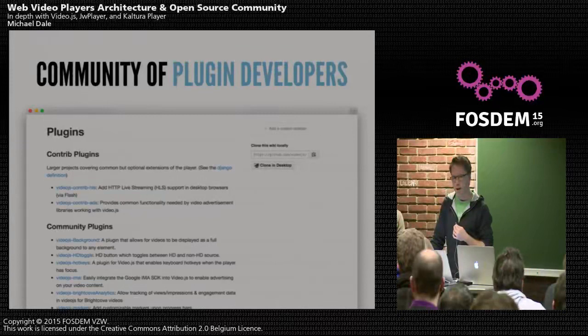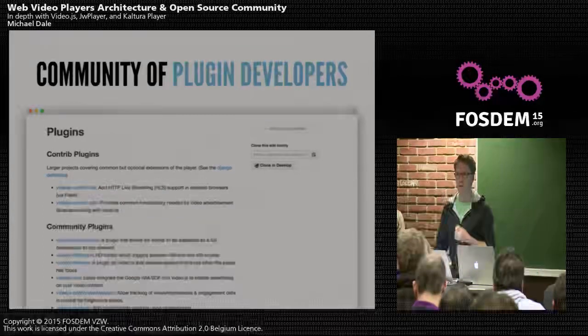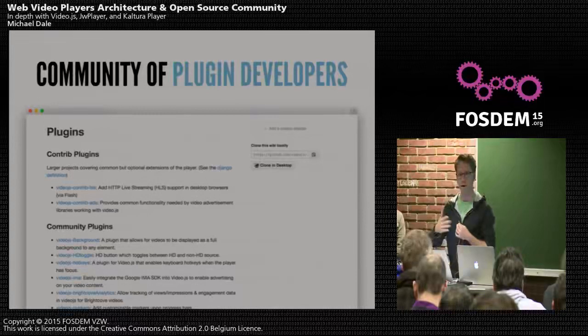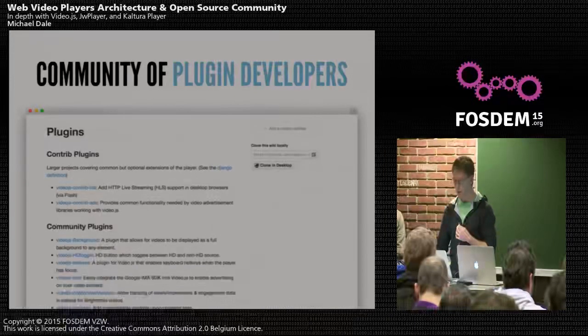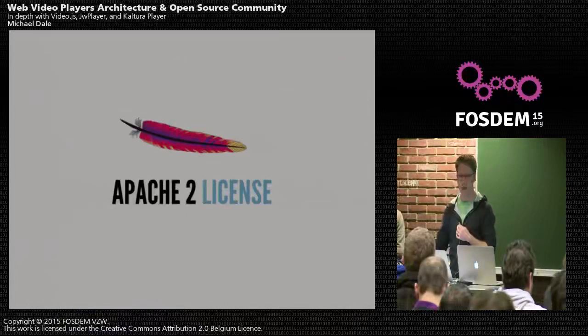So we try to keep the core project very small. We don't add many more features than what the video element supports itself, but across all the different players. And then all of the additional features that you might want to add in, you'll find in our community of plugins. And then finally, it's Apache 2 license, so free to use in whatever use case you want.